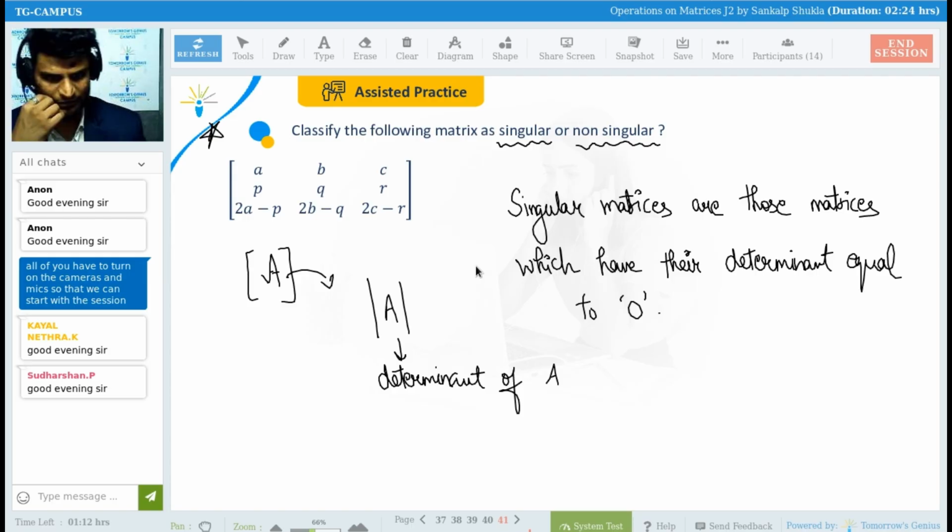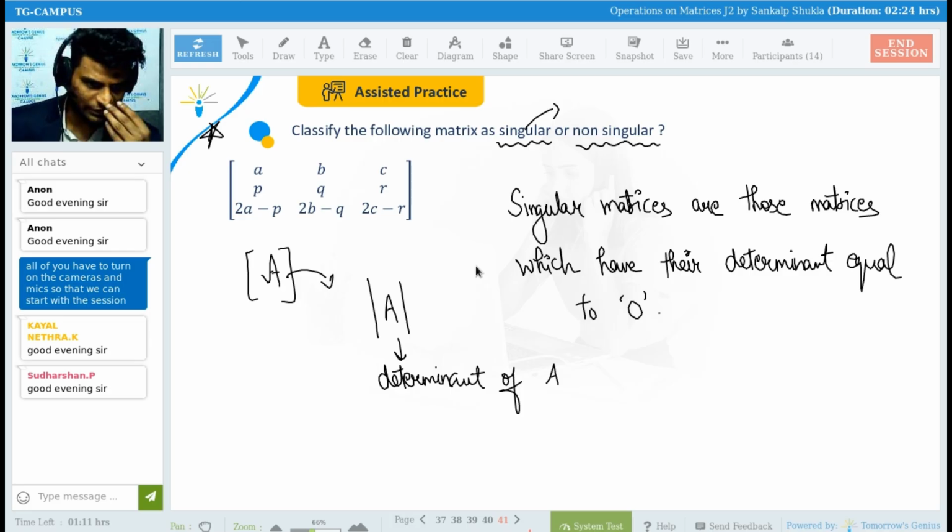Jyotsna, no, Kritika, no. Okay, I guess about 50% of the class knows how to find the value of the determinant. There will be a discussion on determinant in the next session also. But just because we have singular and non-singular matrices here, there is a need to discuss determinant. If the determinant for that matrix is 0, then it is called a singular matrix. So the students who are raising their hands, can you please tell me whether this matrix is singular or non-singular?